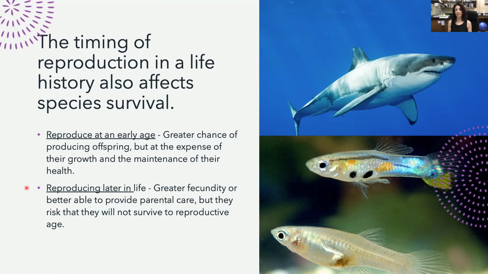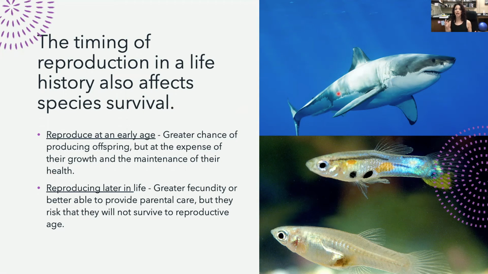So they're waiting to attain a larger size, therefore allowing them to dedicate their energy budget to themselves, but they run the risk of never getting old enough to reproduce. And so large fish like the bluegill or shark use their energy to attain a large body size in their life. But of course, they do so at the risk that they will die before they can find a partner, mate, and reproduce and rear young.